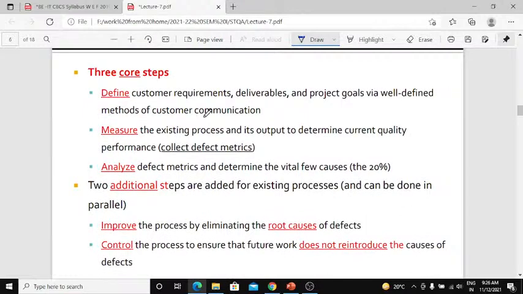There are 5 steps mainly involved in this Six Sigma statistical quality assurance process, which we call DMAIC: define, measure, analyze, improve, and control.